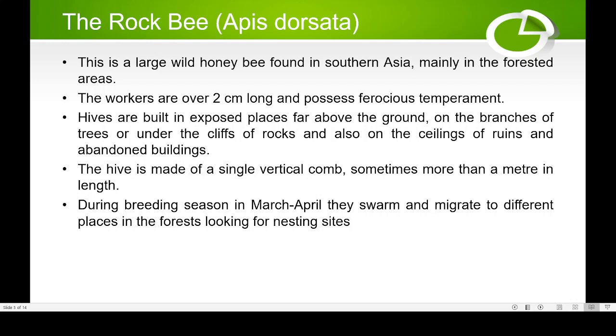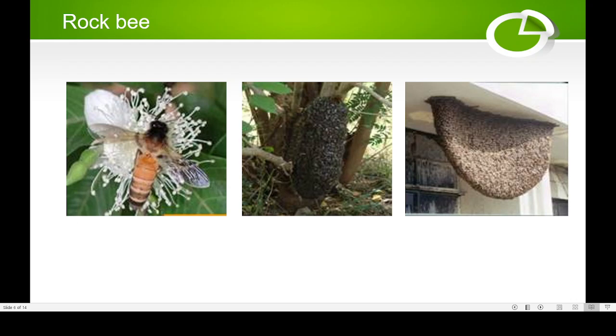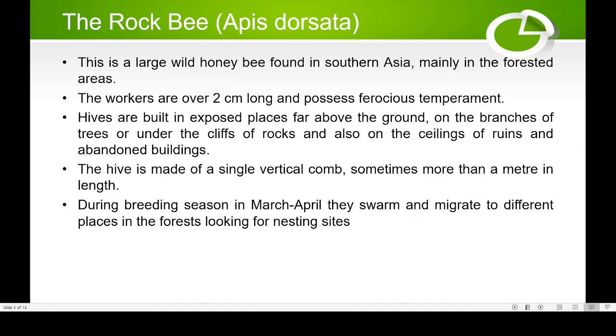Another problem is regarding the nature of the hive. They are usually placed in exposed places, slightly above the ground. Here you can see how the hives are usually present. Sometimes on the roof of buildings, sometimes in the branches of trees. You can find these hives like that.